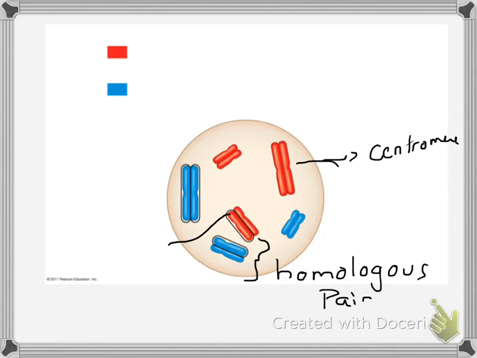This red one here and this red one here are called non-sister chromatids. We call them non-sister chromatids because they are not chromatids of the same chromosome, even though they are homologs to each other. The sister chromatids have to be like this.